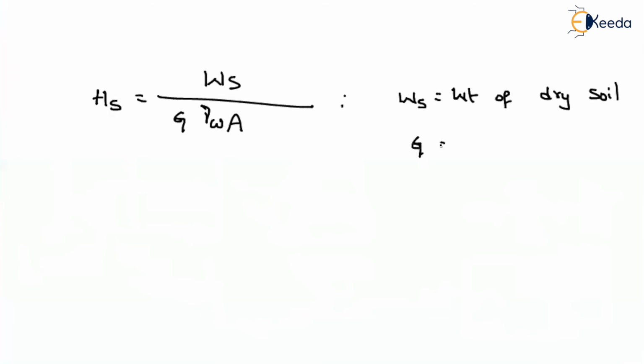G is the true specific gravity of the soil, and A is the cross-sectional area of the specimen. You already know gamma W, right? So at whatever instant of time, you can find the H value, and depending upon that you can always get the void ratio at any instant. This is how we find the void ratio using the height of solids method.